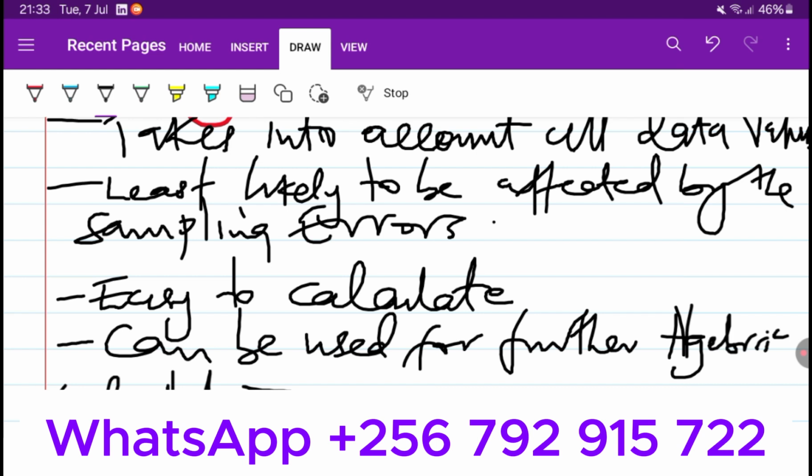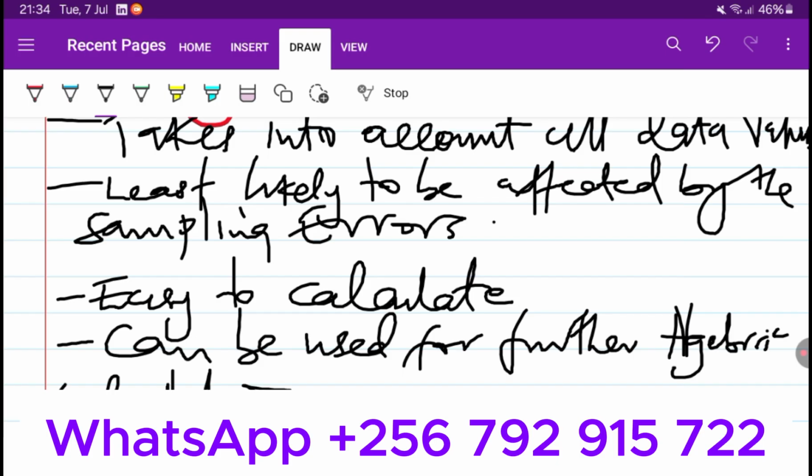Then the other advantage is that it is stable. It doesn't fluctuate, or it does not change based on the number of samples that you have used. It is stable, usually does not differ from sample to sample.